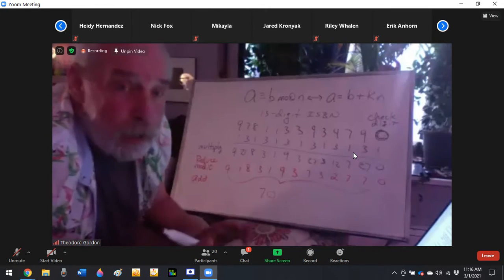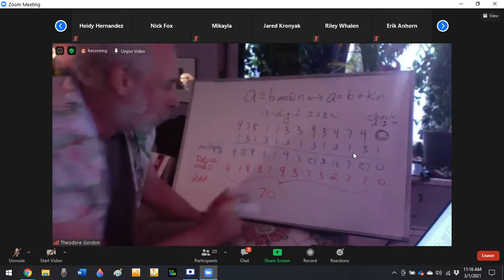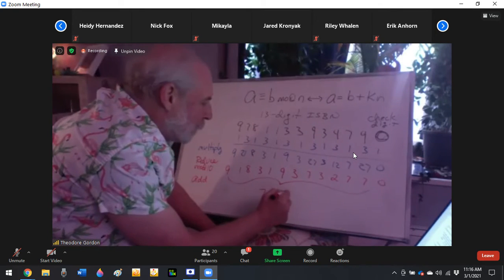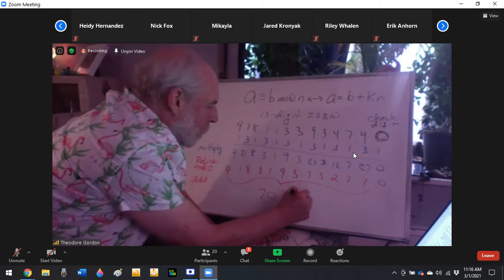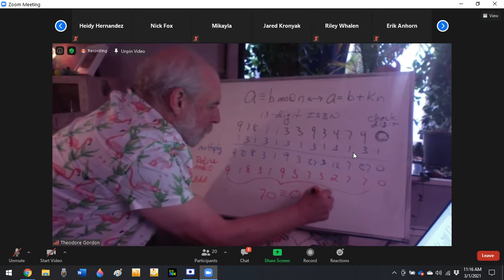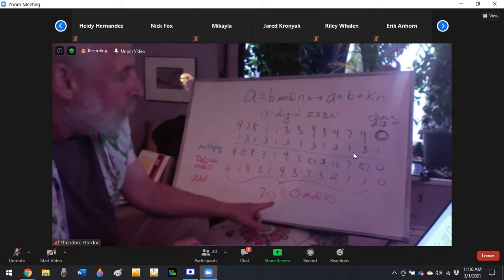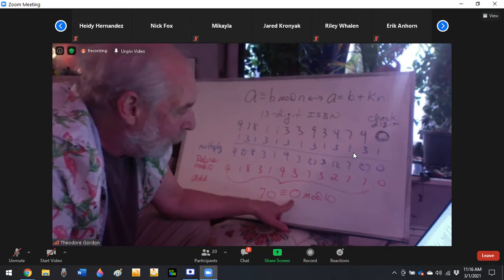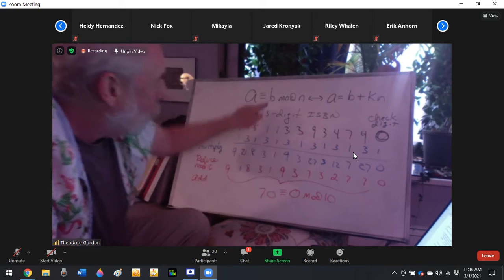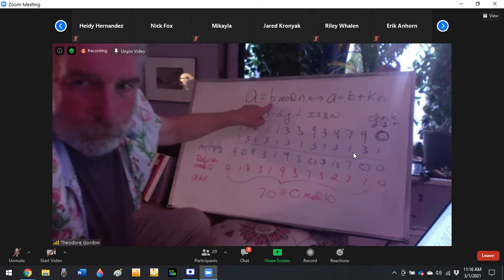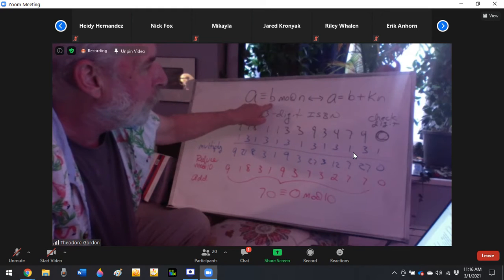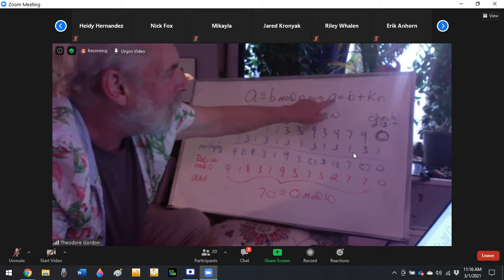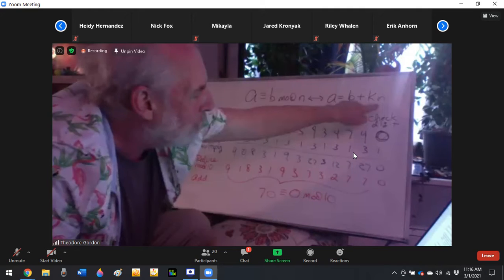Now, here comes the modular arithmetic. This 70 is 0 mod 10. Now, when b is equal to 0, then a is equal to a multiple of the mod.